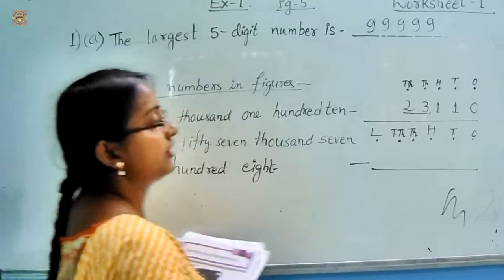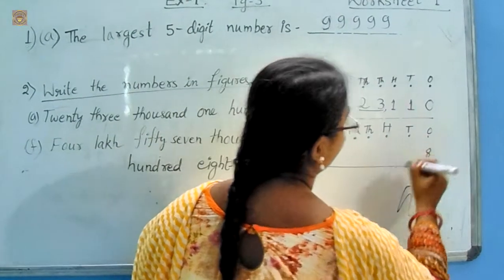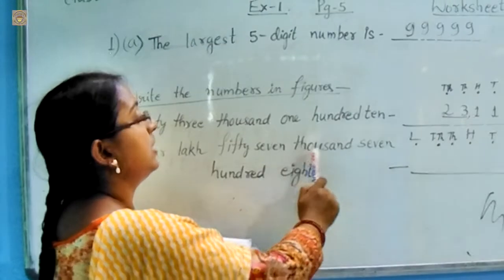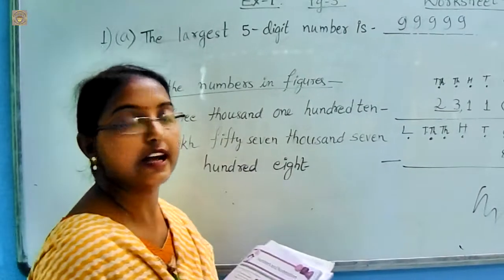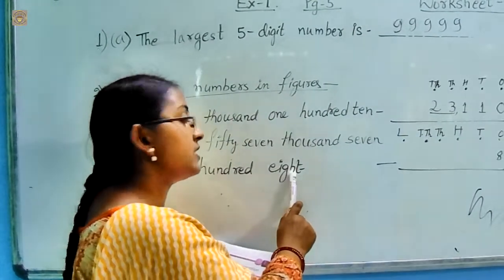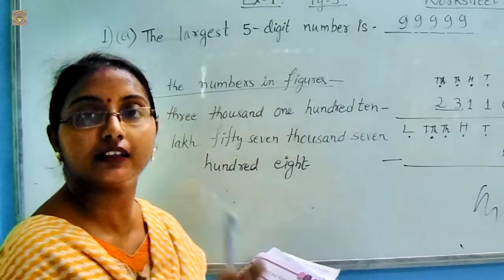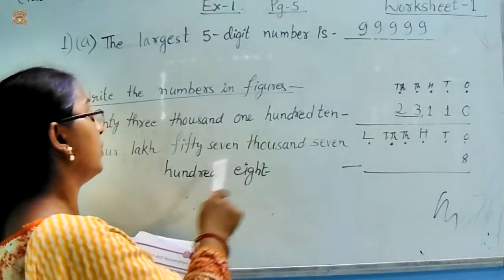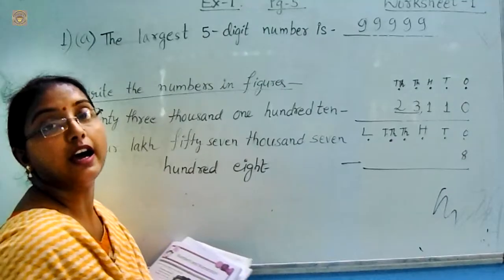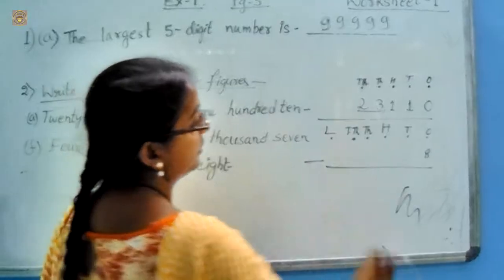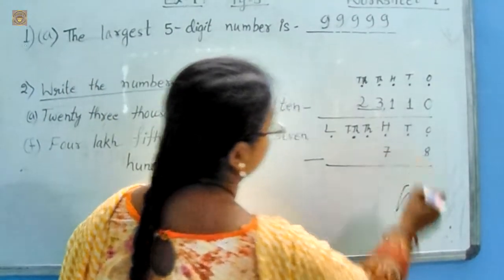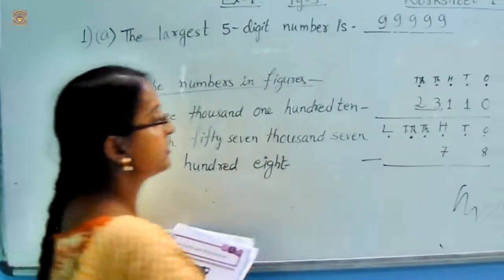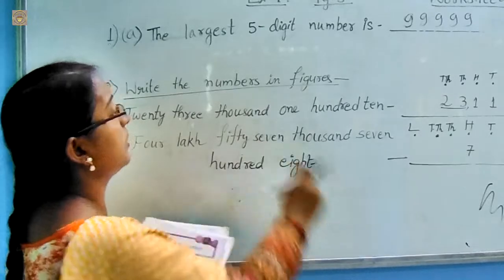That means 8. 8 is the ones place. 708. That means it is a single digit and it is put on the ones place. Now for the 100 place, I have seen 7. So 7 is put in the 100 place. 1000. What?